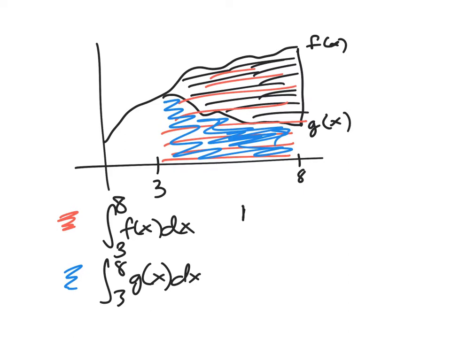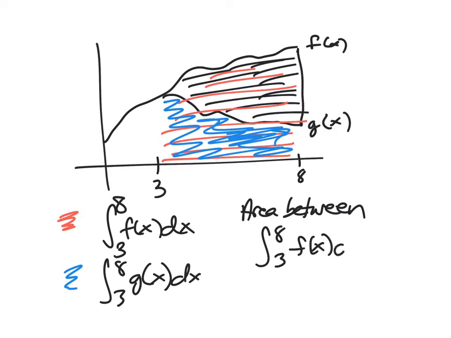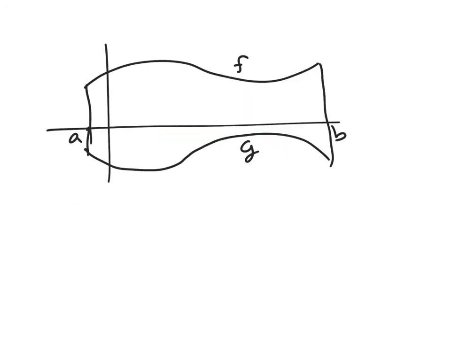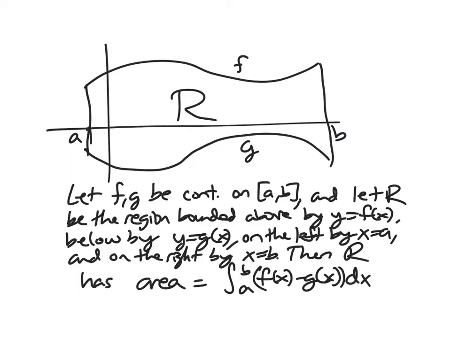And so the area between here, or the net change between the two, is the integral from 3 to 8 of f of x minus the integral from 3 to 8 of g of x. And you can simplify this and just write the integral from 3 to 8 of the difference between the functions. So take your top function f of x minus the bottom function g of x and take the integral. And this actually happens to be true in general.